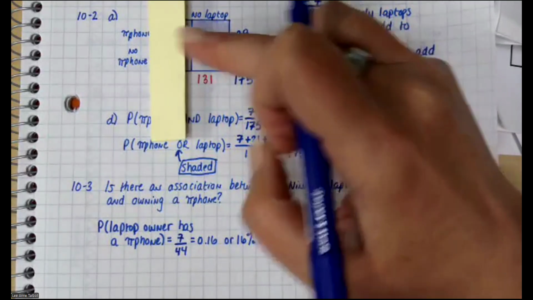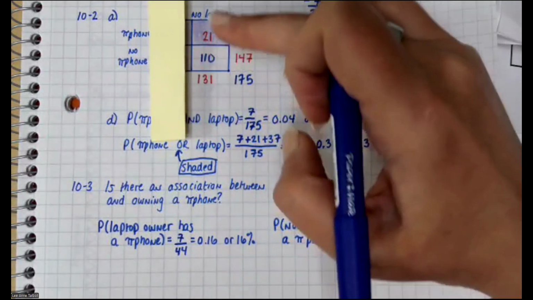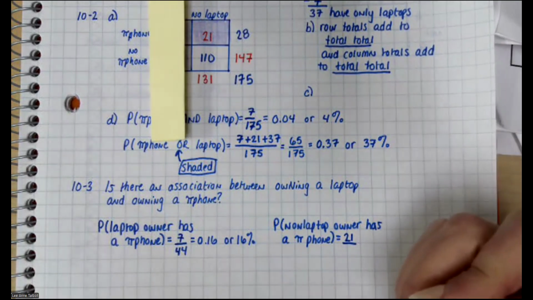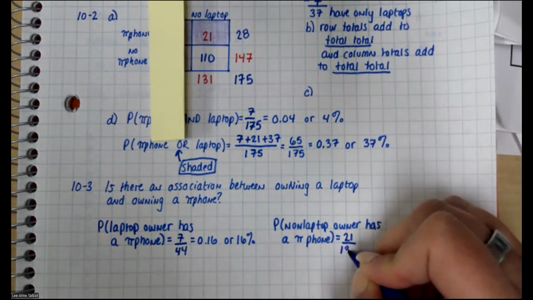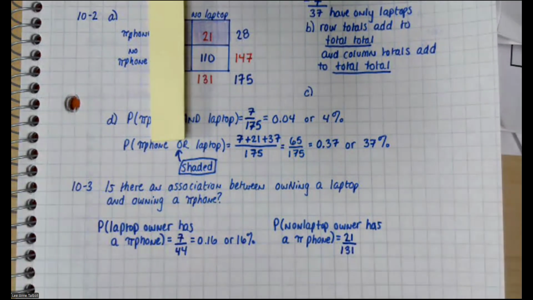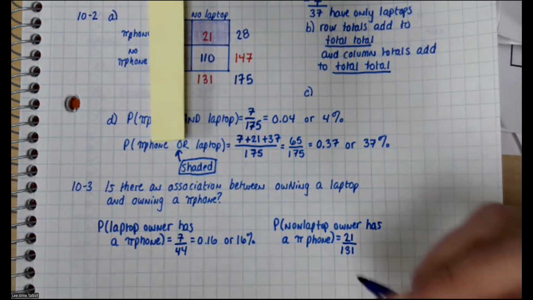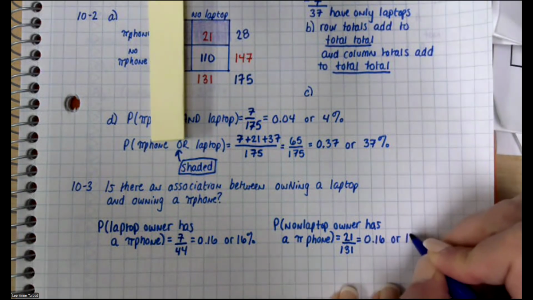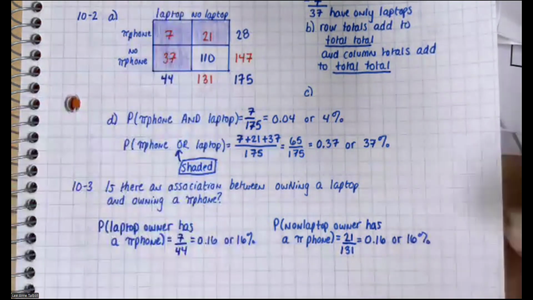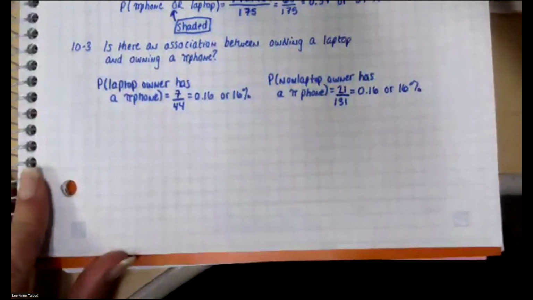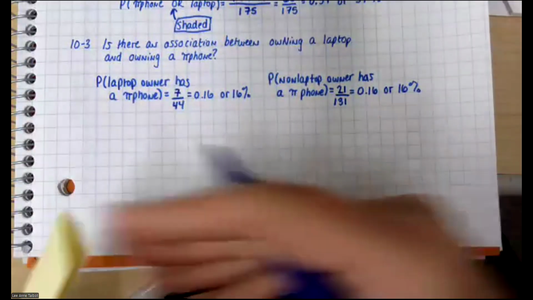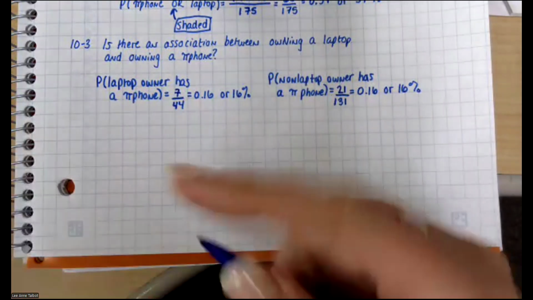Because it's no laptop, but yes, Pi phone right there. 21 out of how many do not have a laptop? Yes, 131. Okay, so 21 over 131 is 0.16 or 16%. Okay, so are you more likely to own a Pi phone whether or not you own a laptop? No.